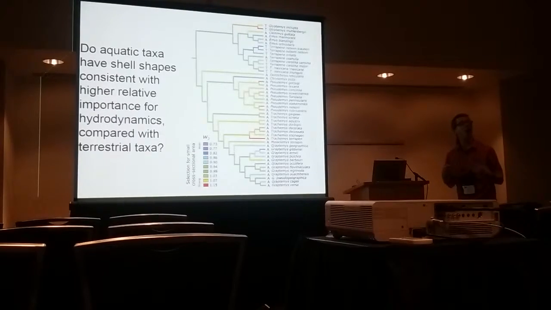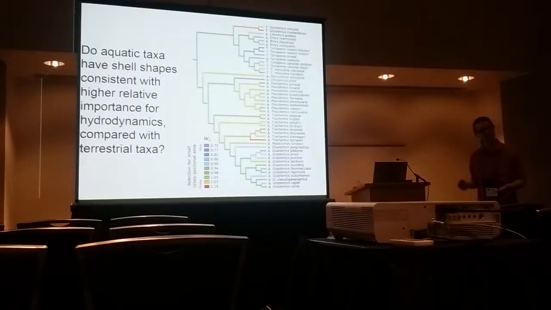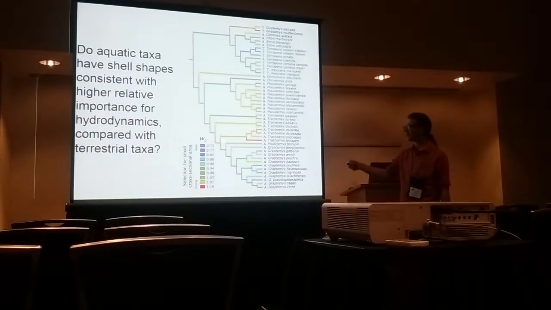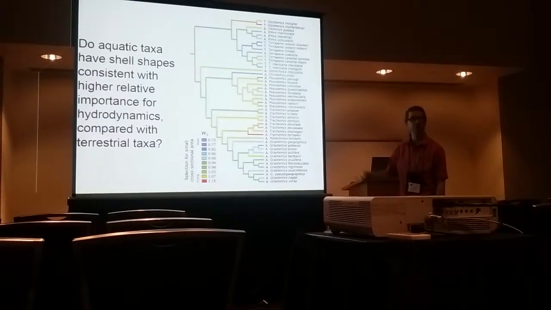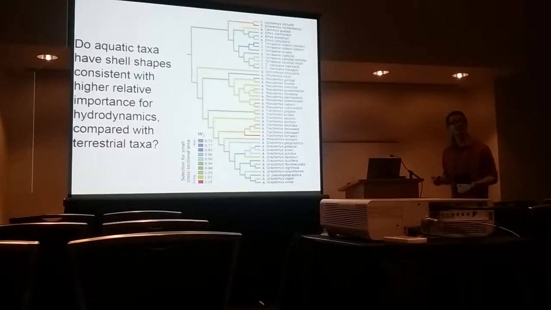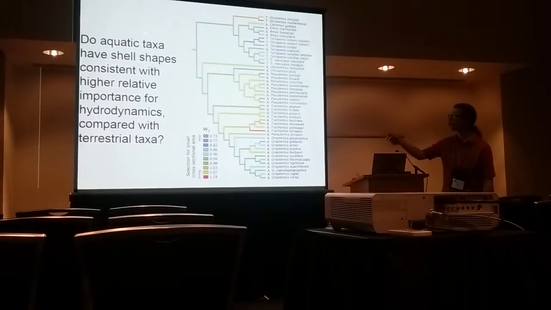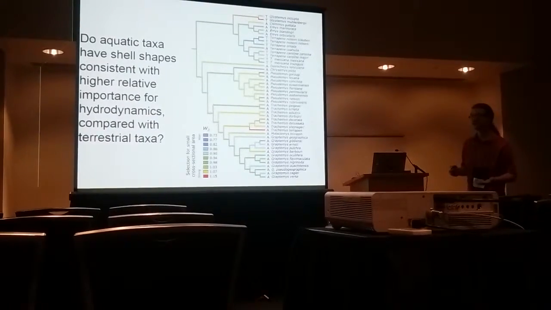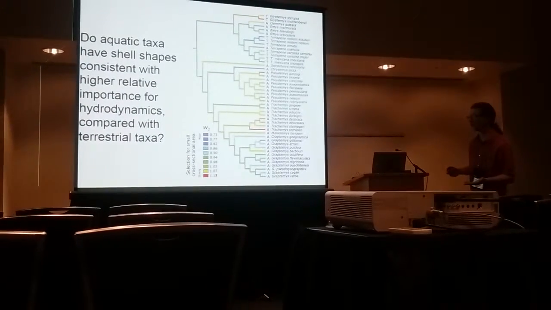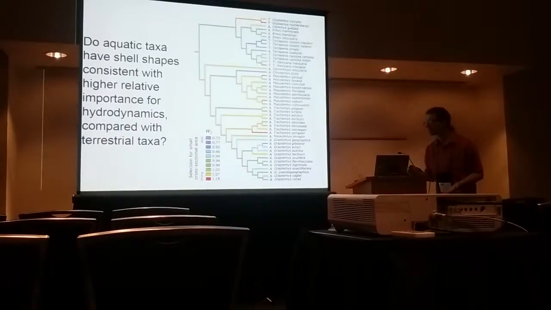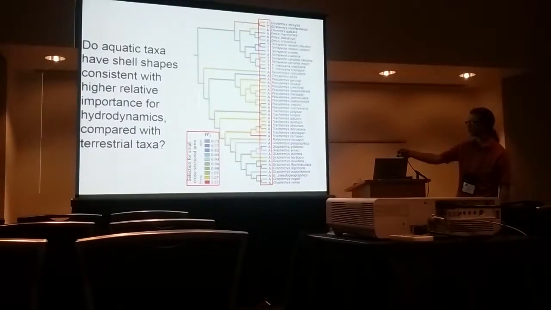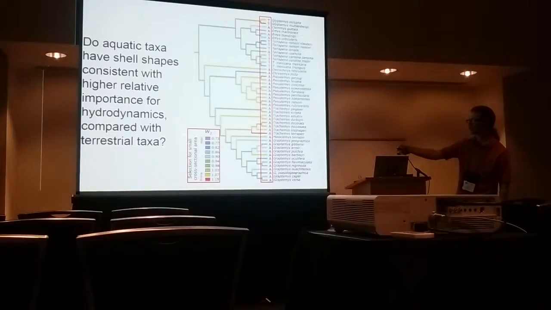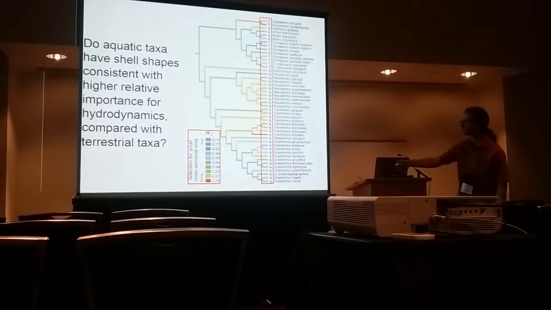And we did this for all of the turtles in this analysis, getting a relative weighting of hydrodynamics compared to strength. And you can use this to ask a number of questions like, for example, do aquatic taxa have shell shapes consistent with a higher relative importance for hydrodynamics than terrestrial taxa do? So the weightings are right here. Relatively unimportant hydrodynamic weighting is like blues and purples.